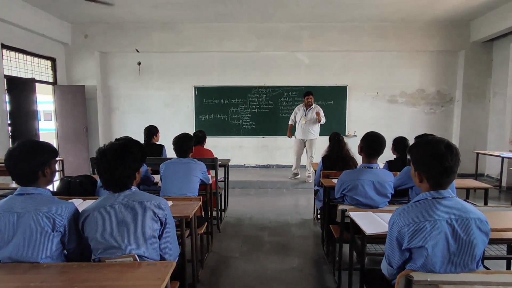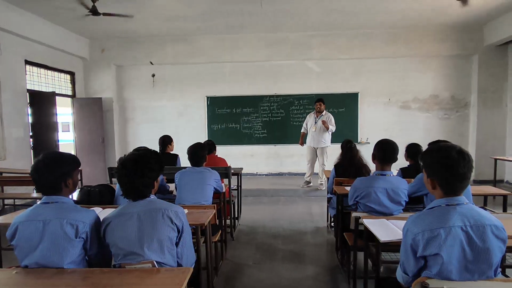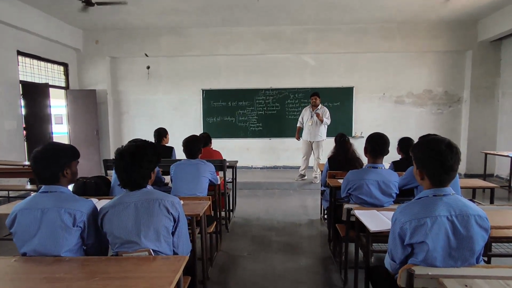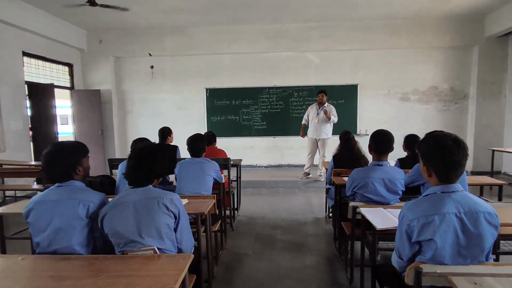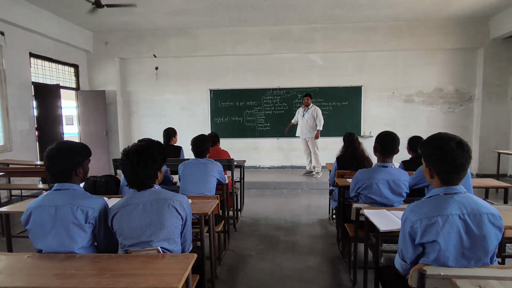If a person lifts 50 kg, we call it strength. If a soil takes 100 tons, 2 tons, 3 tons, we call it soil strength or bearing capacity.